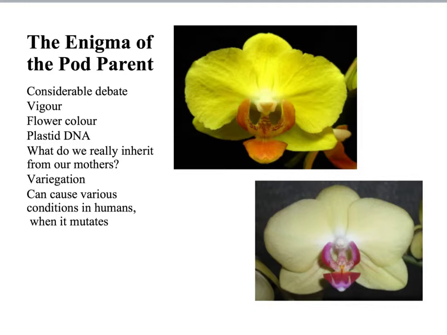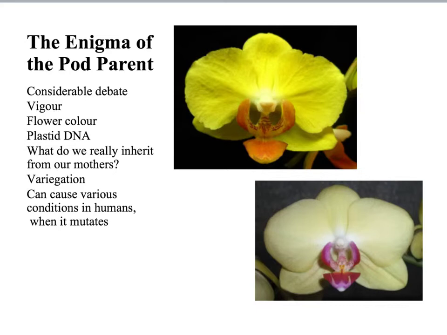That tends to be more allied towards the pod parent than the pollen parent. So there's something else involved here that is being passed on from the pod parent to the offspring that they wouldn't ordinarily get from the pollen parent, which we would call the father really, because the ovaries are the eggs, and that's what the pod parent contributes.